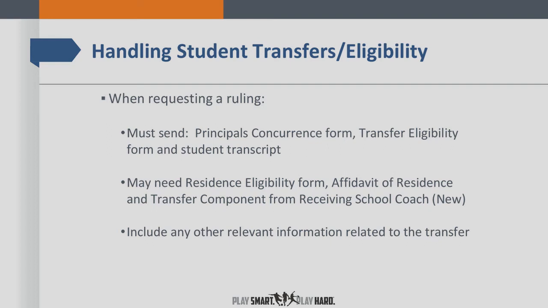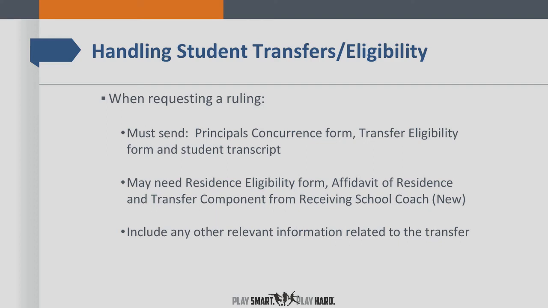When submitting a ruling request, while I've indicated here the documents that must be sent to the office, if there's any other relevant information that would be beneficial for the IHSA office to know about the transfer, those could come in the form of a narrative from the family, or documentation from the sending school, or legal documents about a parent's divorce and or legal separation and who has been designated as a custodial parent.